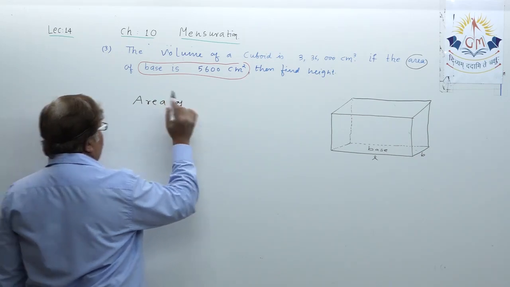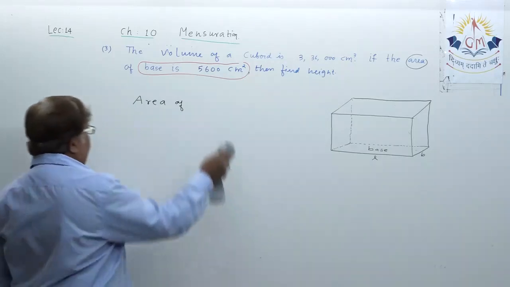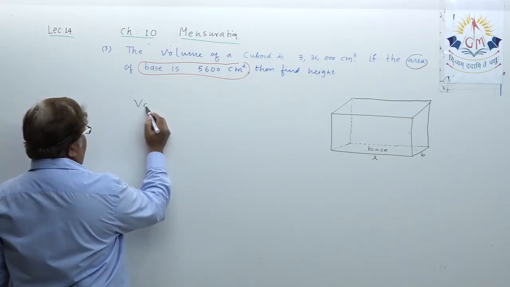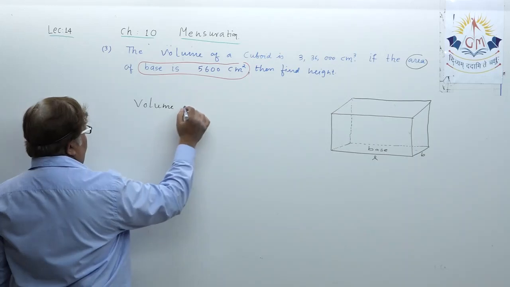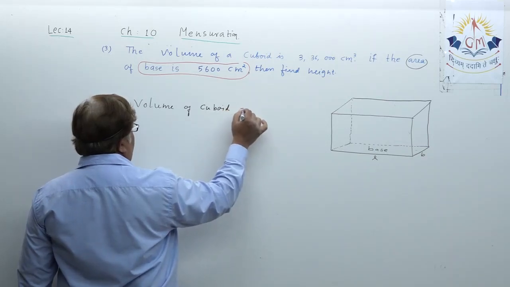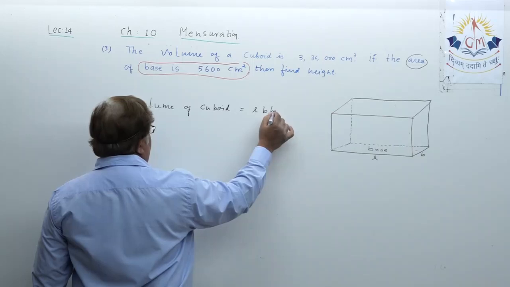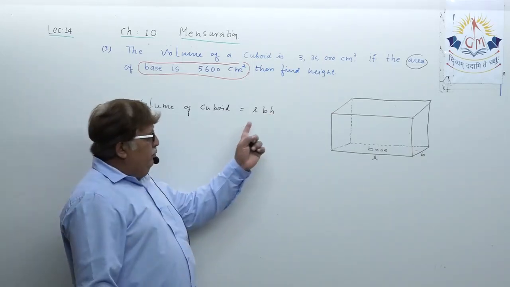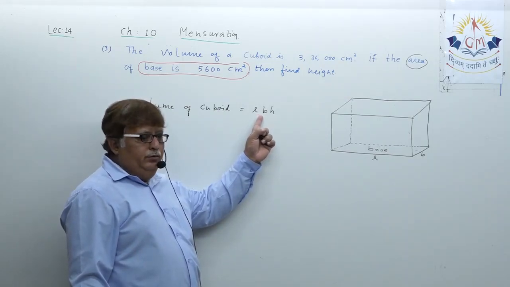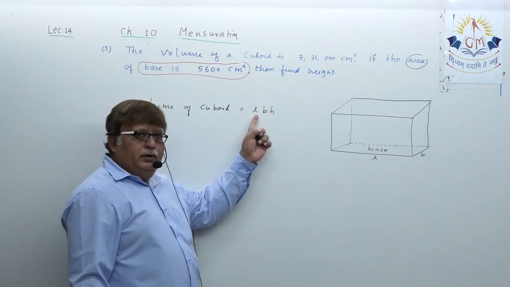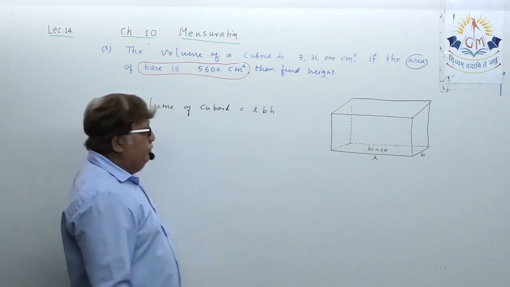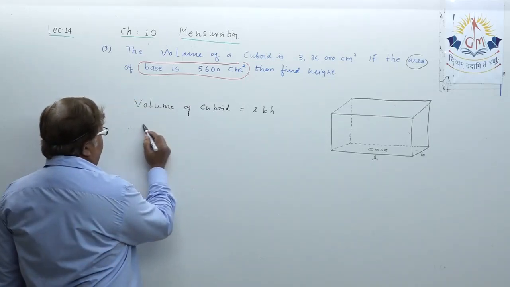Let us write the volume of cuboid. That's equal to L into B into H. But from this particular formula, L into B represents the area of base. So can you write this way now?